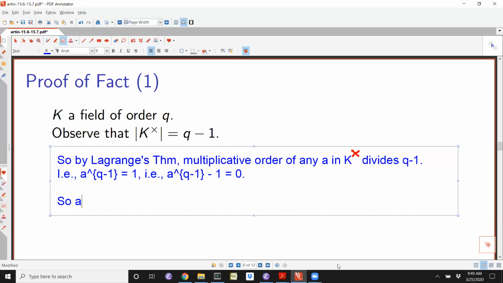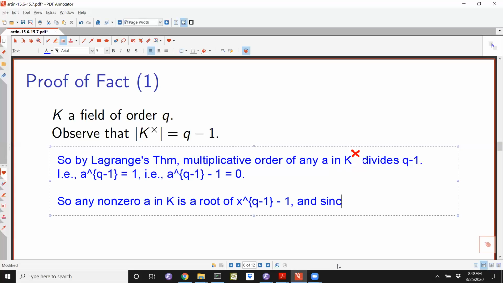So any non-zero a in K is a root of x to the q minus 1 minus 1 equals 0, equals 1.